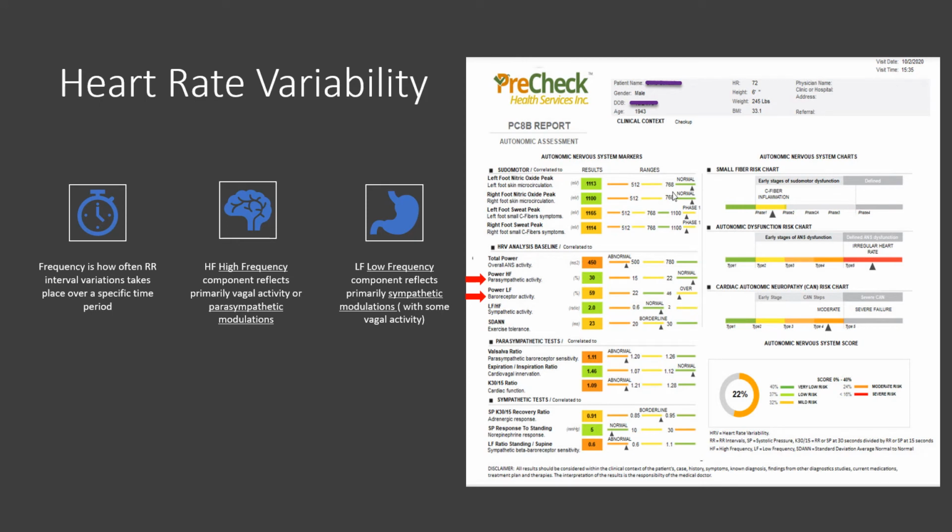Now, heart rate variability can also be measured in terms of the frequency, which is how often these intervals take place over a specific period of time. A high frequency component reflects primary parasympathetic modulation. A low frequency is sympathetic, and you'll notice on the report on the right where these are noted.